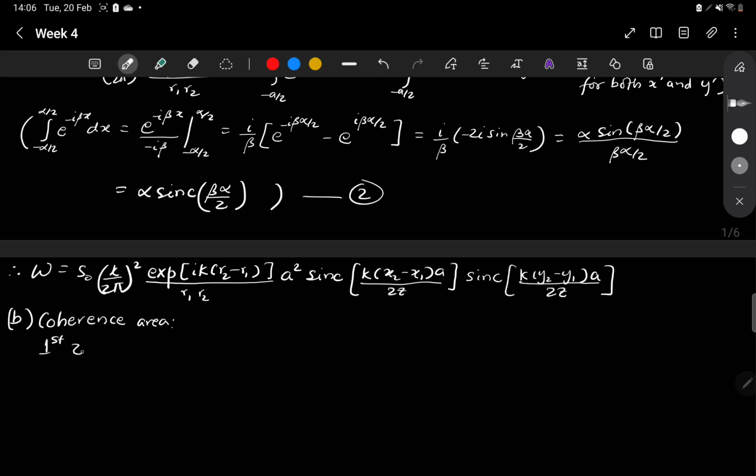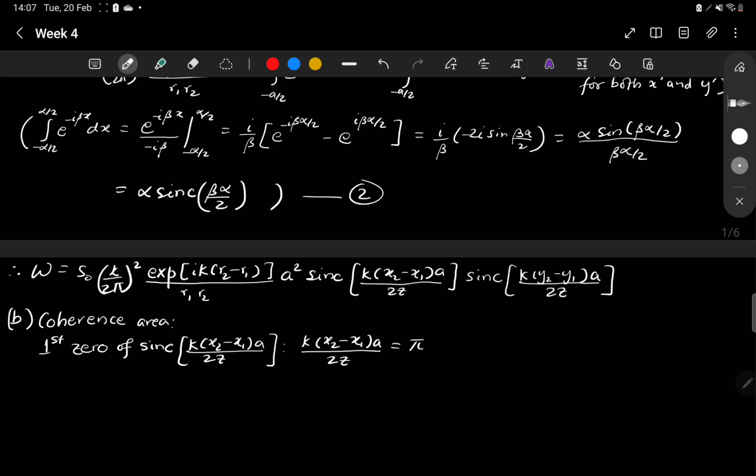So the first zero of the sinc function will help us in finding the area of coherence. This occurs when the argument, which is k (x2 minus x1) a over 2z, is equal to pi.